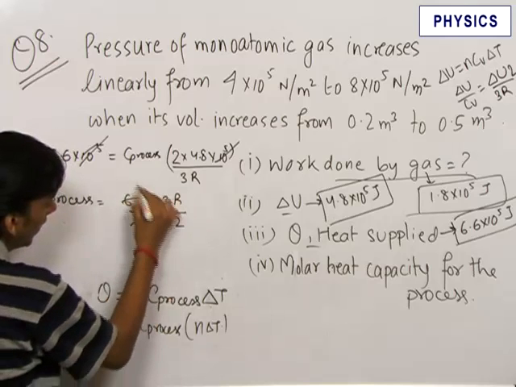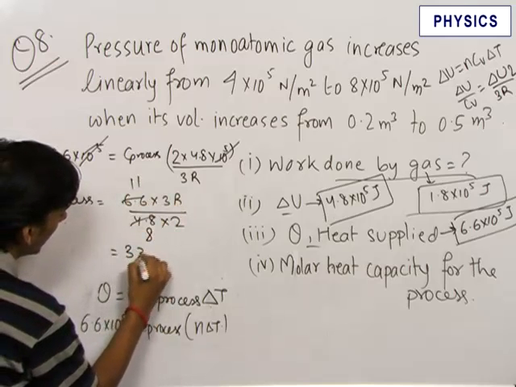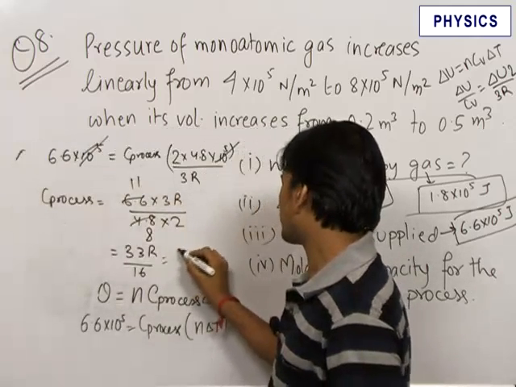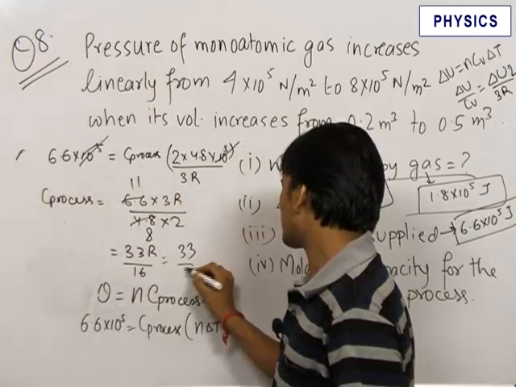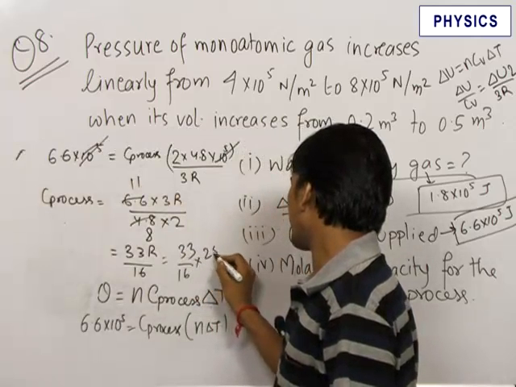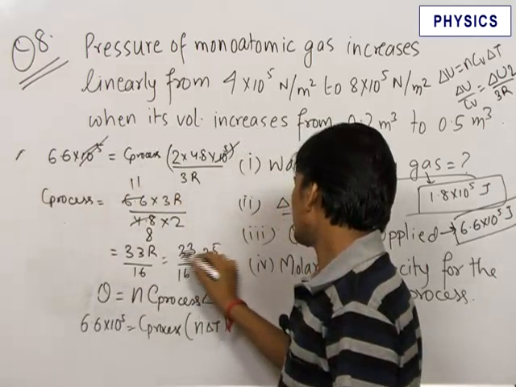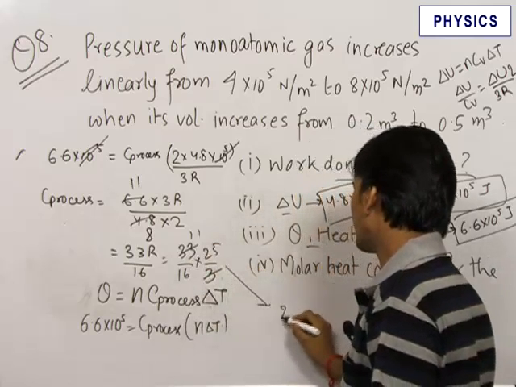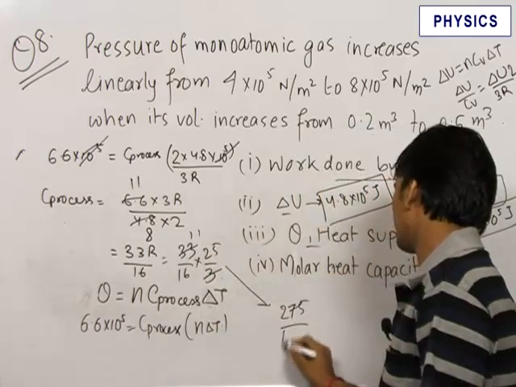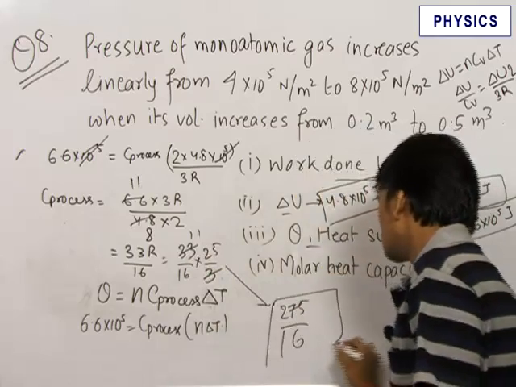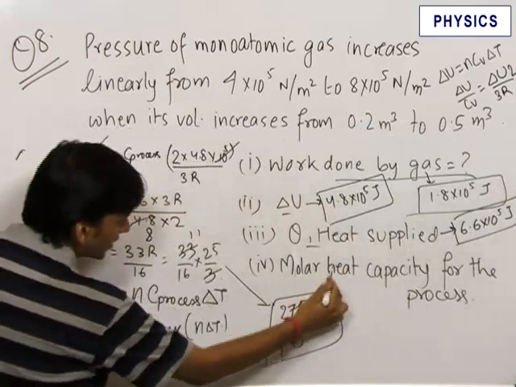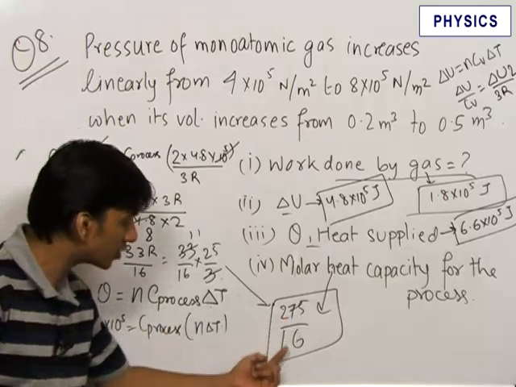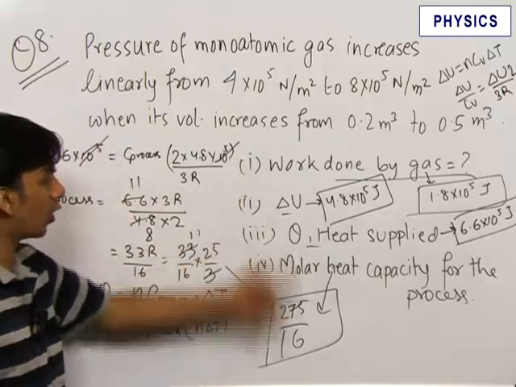This becomes equal to 33R upon 16. Now R can be written as 25 by 3. Therefore, 33 upon 16 into 25 by 3 becomes equal to 275 upon 16. So our final answer for the molar heat capacity for the process comes out to be equal to 275 upon 16, and hence we get our answers for all the 4 parts.